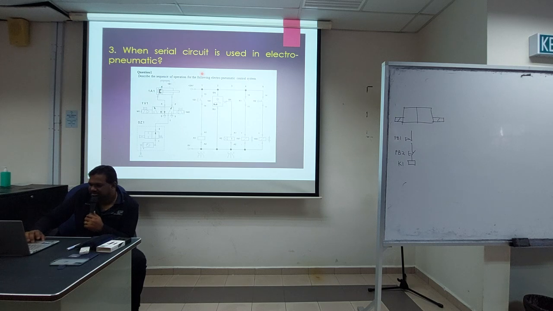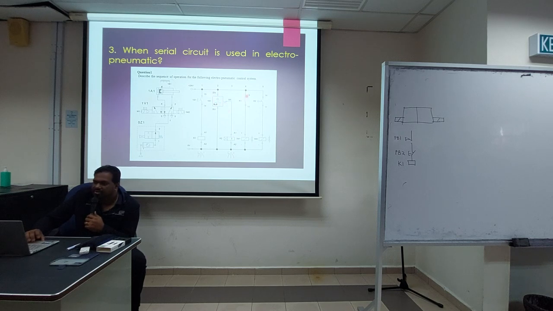Nombor 1 series ke parallel? Series, sebab dia connected next to in one line. Nombor 2 series ke parallel? Parallel, sebab dia ada 2. Yang ni ada line 2 adalah series, kemudian dia ada line 3 yang parallelly connected to line 2 juga.